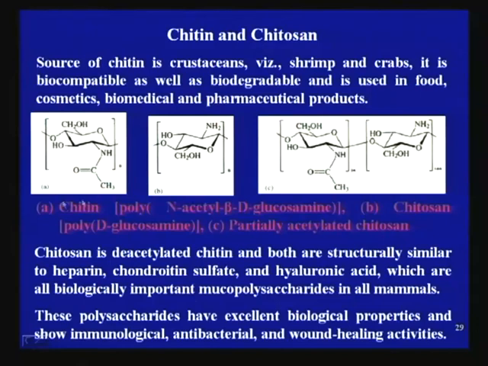The cells of those things contain chitin. There is a naturally occurring polymer having such a formula. These groups are there. Carbohydrate-like moieties with some substitutions, acetyl groups. Now, this chitosan is a deacetylated chitin. Chitosan is a deacetylated chitin.